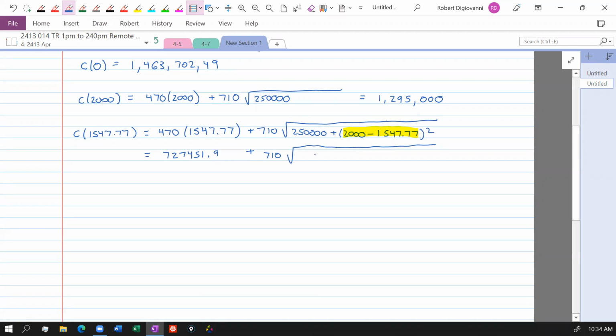So underneath here, I get the square root of 454,511.97. Take the square root of that, I get 674.17. So 710 times 674.17, and in front of that, I had 727,451.9.